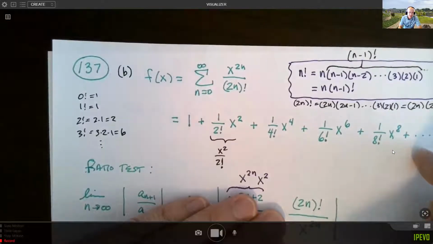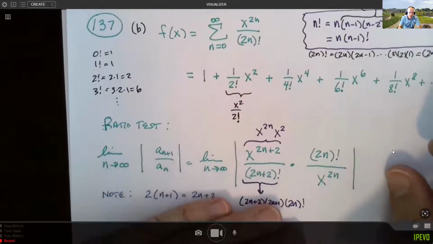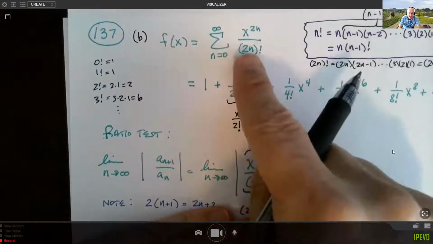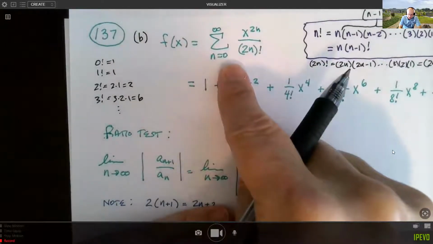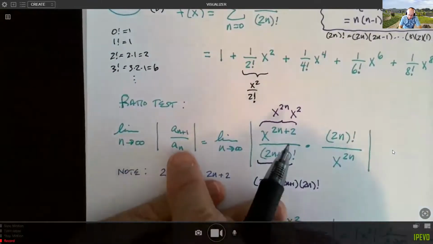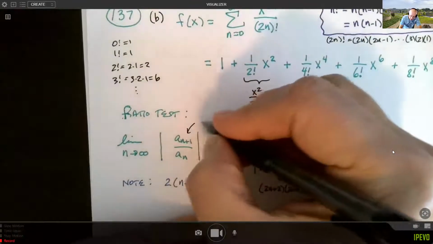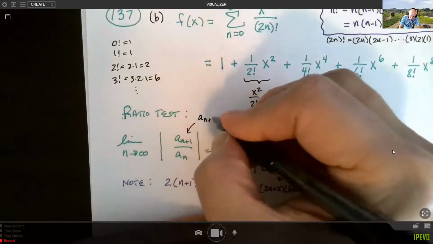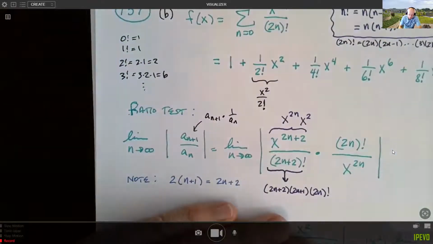Let's first find the interval of convergence, and I'm going to do that by the ratio test. I'm going to find the values of x for which this series converges absolutely. I'm going to take the limit as n goes to infinity of a sub n plus 1 divided by a sub n, and recall that I can think of this as a sub n plus 1 times the reciprocal of a sub n, and that's what I'm going to do here.